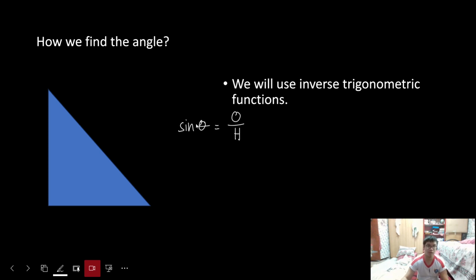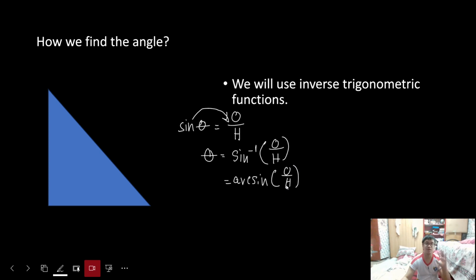We put the sine beside here, so theta is equal to sine with a negative 1, and O all over H will be the input. So this is arc sine, the inverse function of sine.